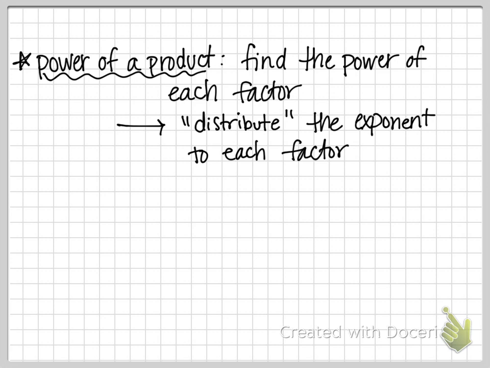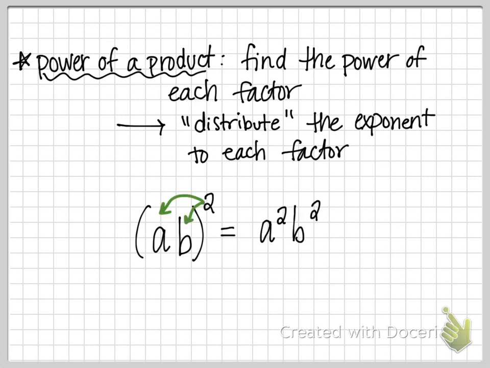It's not technically distribution, but that's what it looks like: we give that exponent to each factor, including coefficients. So if we have something like (ab) squared, we give that squared to both factors. The a gets an exponent of 2, and the b gets an exponent of 2.